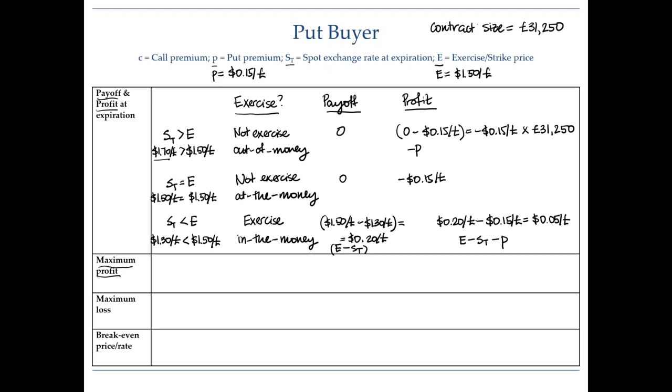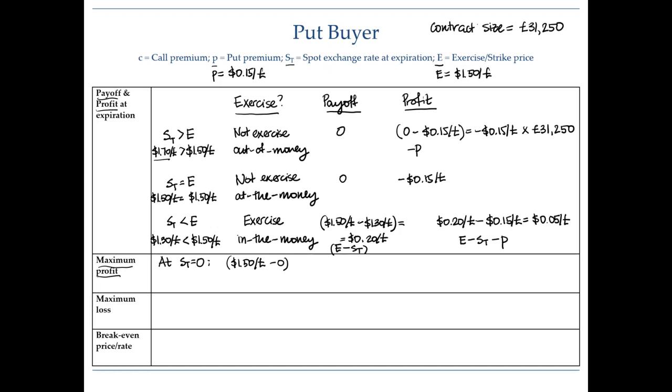So theoretically, when the future spot rate happens to be 0, right, that's the lowest possible exchange rate there could be. So theoretically, at this extreme, you will make the most money. If the future spot rate happens to be 0 or almost 0, you still have a right to sell each pound for $1.50 according to this contract, and each one of them is really worth nothing in the spot market.